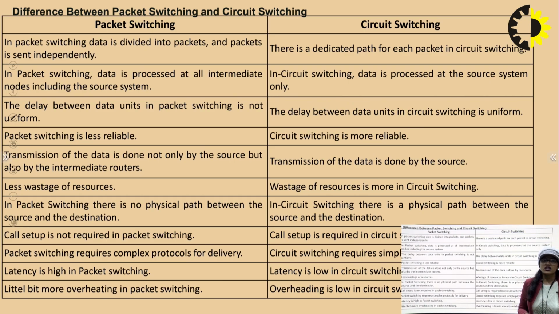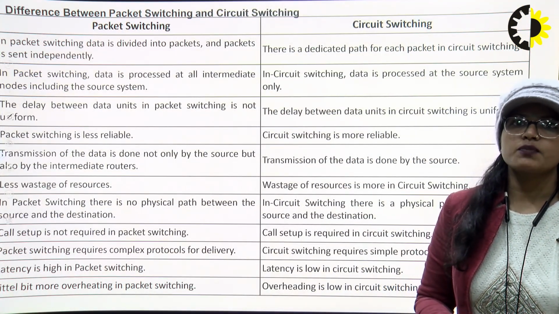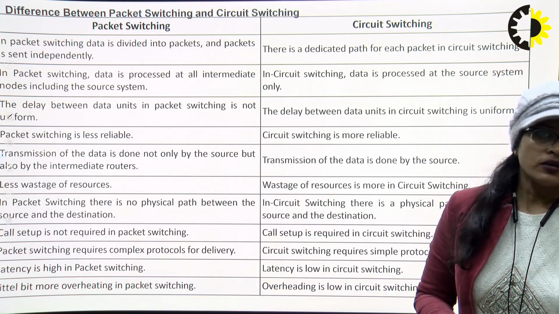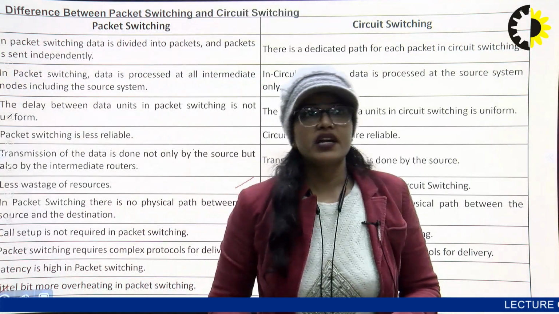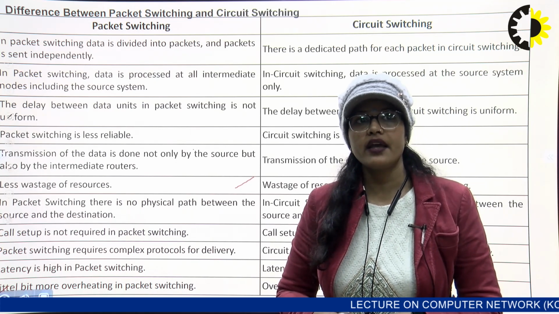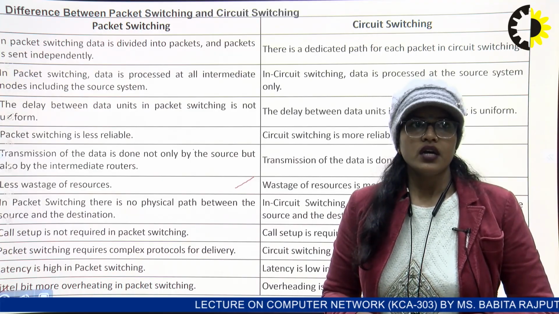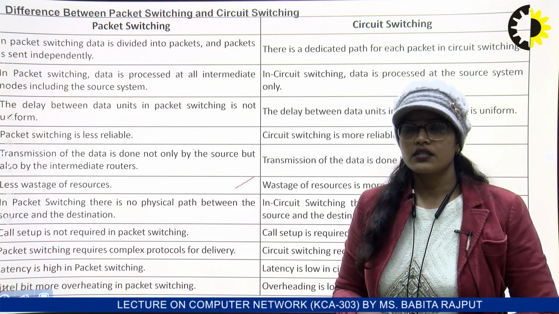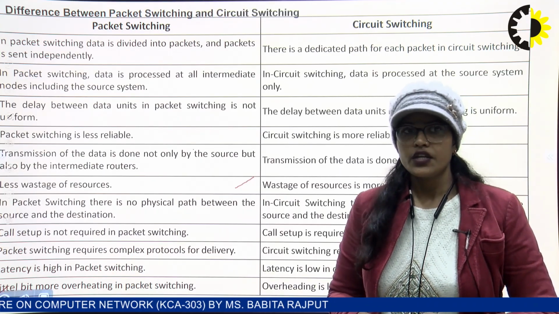In packet switching, data is processed at all intermediate nodes, including the source system. But in circuit switching, data is processed at the source system only, right? In the next point we compare these kinds of switching by delay between data units. Data units in packet switching are not uniform, but in circuit switching, the delay between the units is uniform, right?